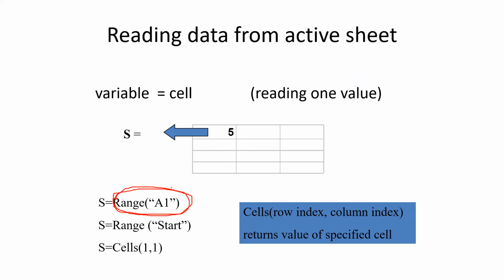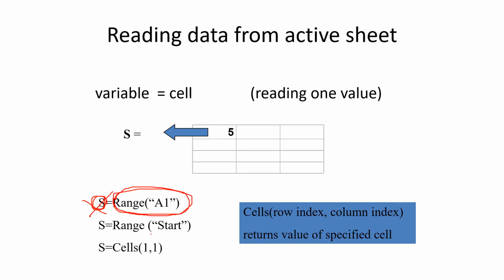When you execute this, the range A1 value will be stored in the variable S, or you can directly refer to range A1 without a variable. Then this is the way you can read.